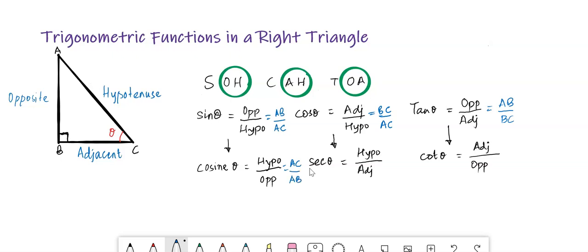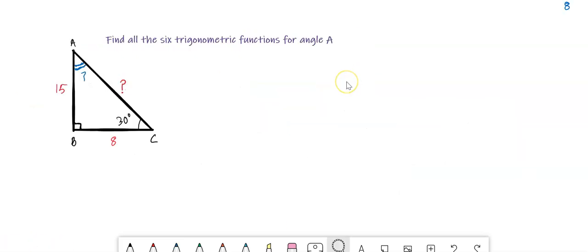In the same way, sec theta is hypotenuse over adjacent, the flipped fraction of cos theta, so it will be AC over BC. And cot theta will be BC over AB. And we are done.